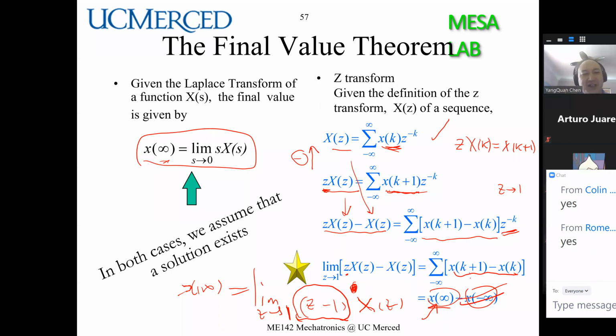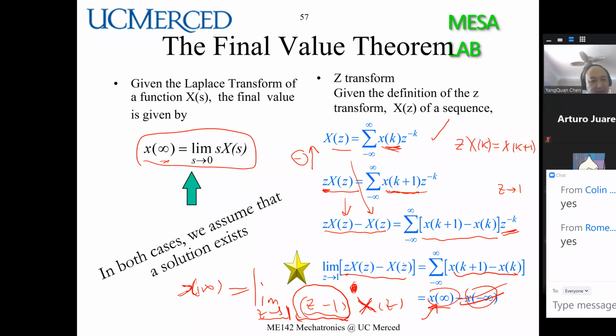What's left is the first term and the last term. So we know that x infinity is, sending z to 1, z minus 1 times X(z). That's the way to go.